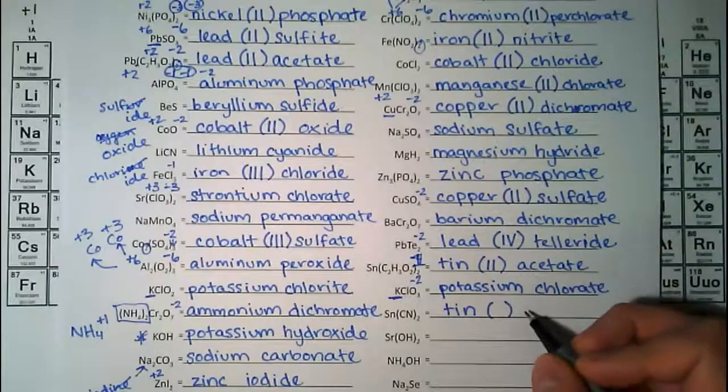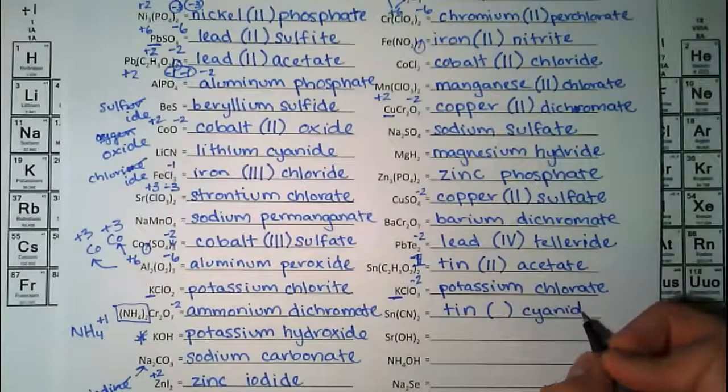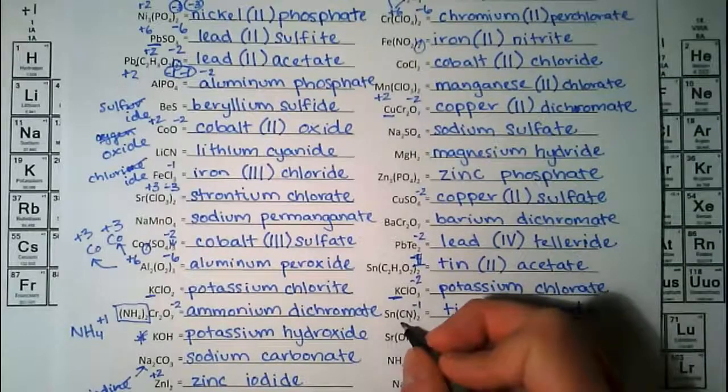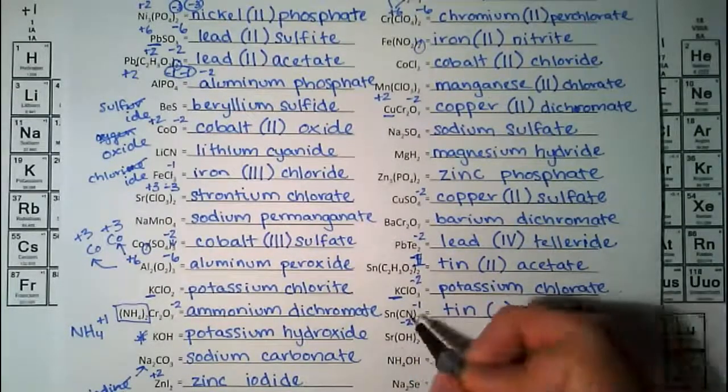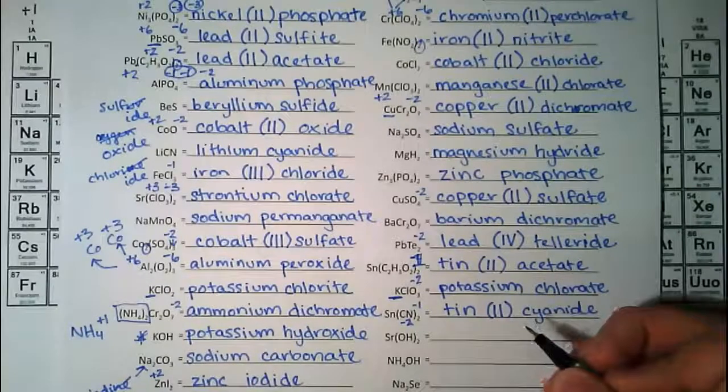And then we have CN, which is a polyatomic ion, cyanide. So CN, cyanide, has a -1 charge, and there's 2 of them, so we have a total -2 charge. So tin has to have a +2 charge on it to balance out.